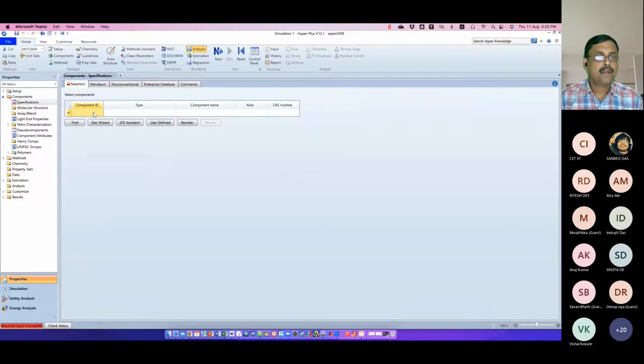you can always say, okay, tell me your compounds. Sir, the carbon range is around C14. Okay, just 1 minute. So you can say that your compound name is Vishal 1. Obviously there is no Vishal 1 in Aspen. So it will always say conventional.